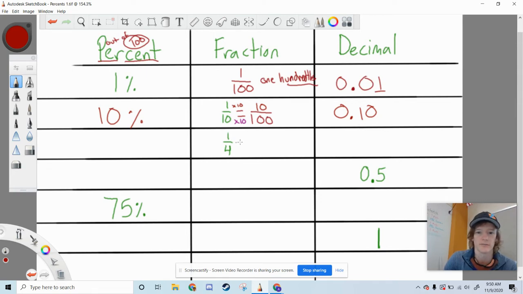For the next one, we're going to solve it very similarly. We're going to do it the same way, 100. And we need to find out, what is 1/4 as a percent? Well, what do we multiply by 4 to make 100? That would be 4 times 25. So we have 25%, 25/100ths.